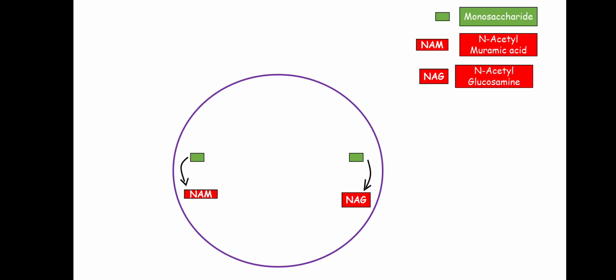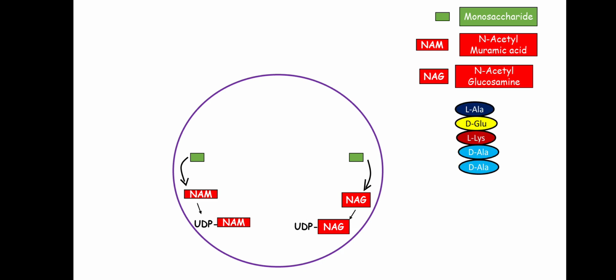Next we need to activate these two sugars, and for activating them we attach a UDP group to them. In addition, we have a peptide chain which consists of 5 amino acids. This peptide chain of 5 amino acids is attached to the NAM moiety. Okay, so what we did so far: we started from a monosaccharide, and from that we synthesized two important sugars, NAM sugar and NAG sugar.